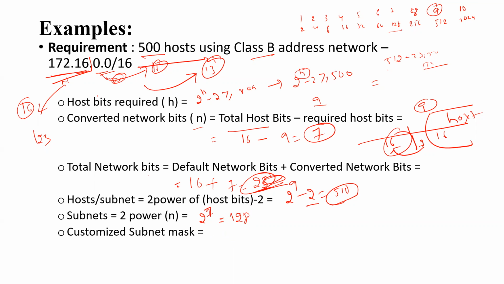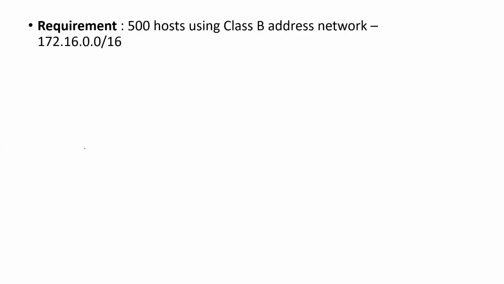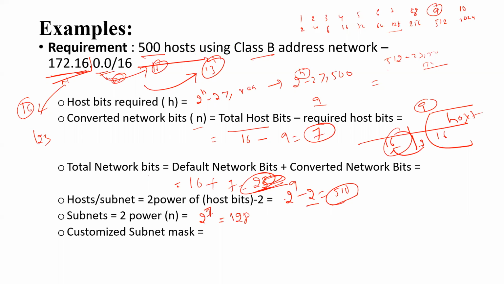So here what we are doing, let me tell you. We are dividing this network into 172.16.0.0/23. How did we get 23? This is how we got 23 here.